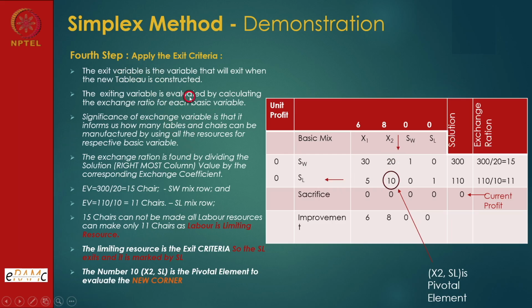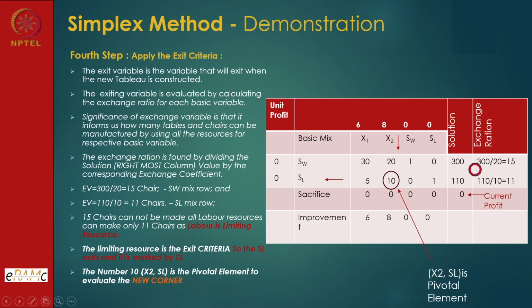The exit variable is the variable that will exit when the new corner is constructed. The exiting variable is evaluated by calculating the exchange ratio for each variable. So this is the exchange ratio we are estimating: 300 divided by 20, where 20 is the figure identified in this particular column.